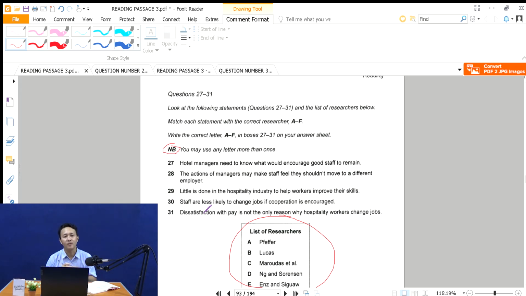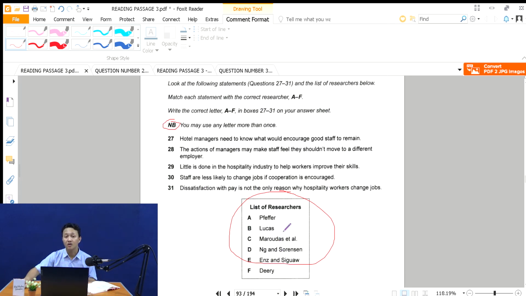Also, for your information, sometimes you may not need to use all of the options in the box like this, because some of them may be what we call distractors. Okay, so distractors are supposed to confuse you.